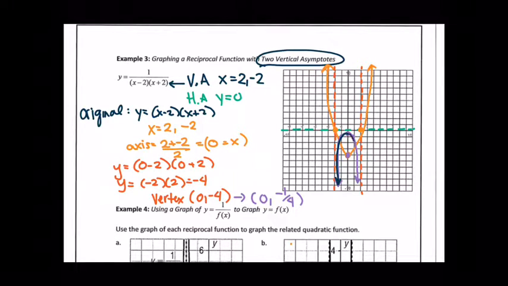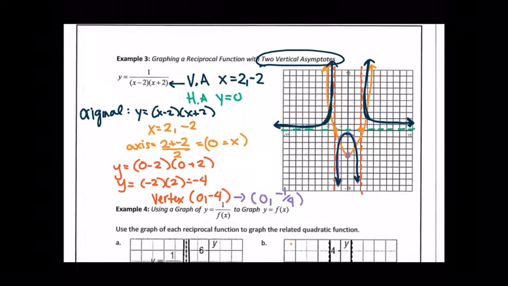So it's not going to touch any of those asymptotes. So then the other two parts will be here and here.